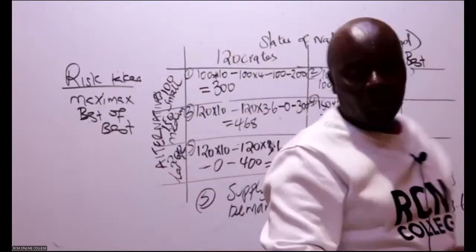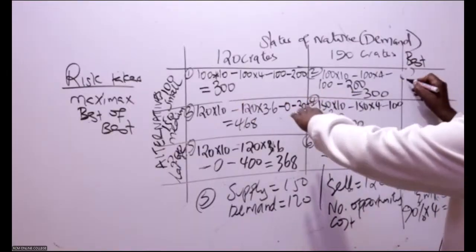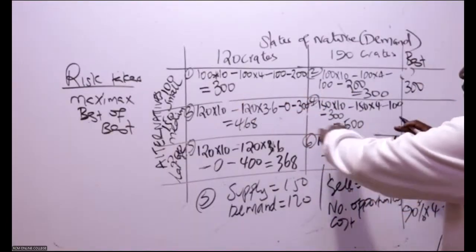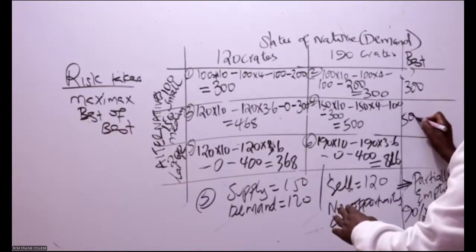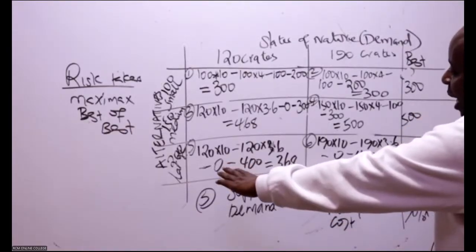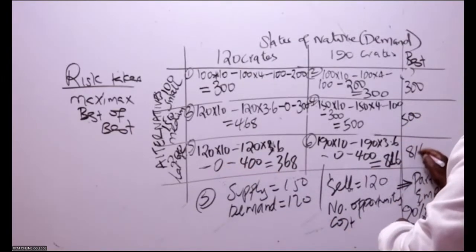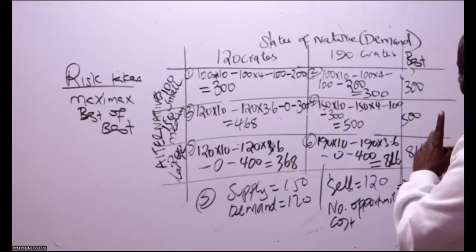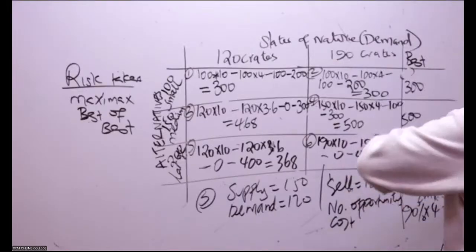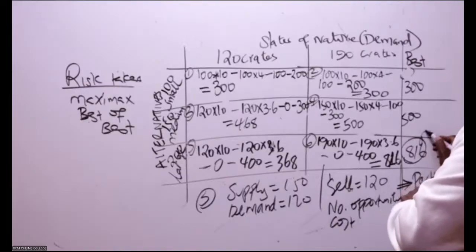The very best profit for small is 300. The best profit here for medium is 500. And then the best for large is 816. Amongst the best, you only select one maximum of maximums, 816. This is the best of the best.